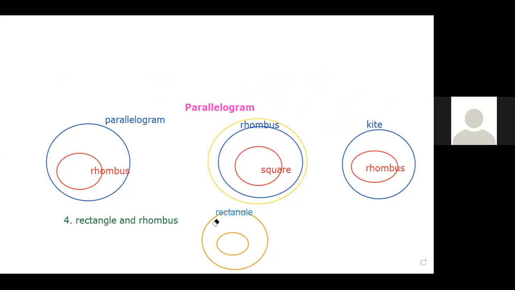Okay, now what is this? What is this one? Square.